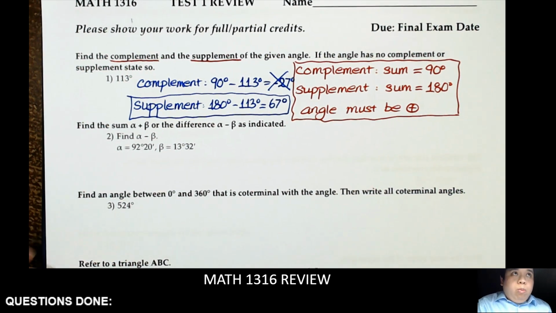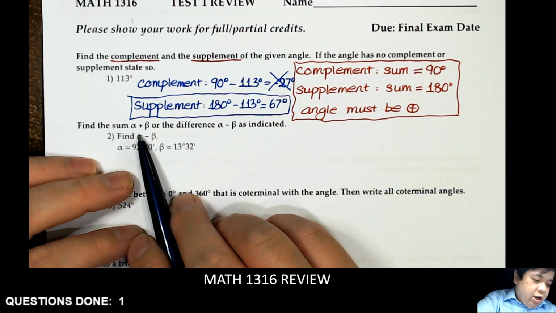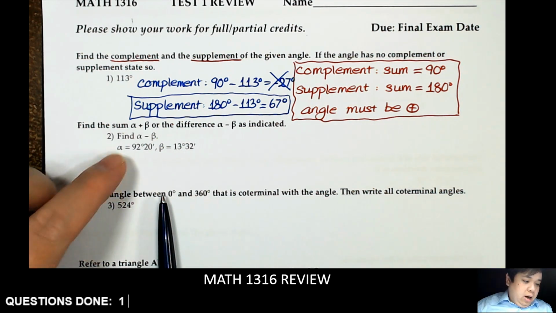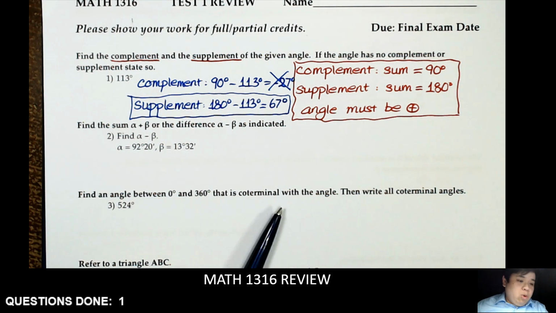Next, we will find the sum or the difference of two angles given in degrees and minutes, could be in seconds as well. Let's do it by hand first.